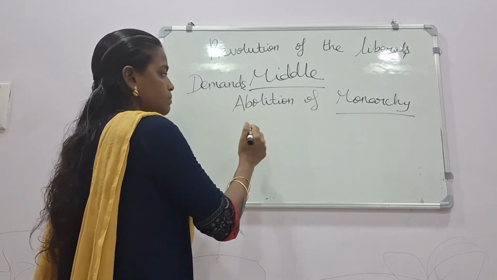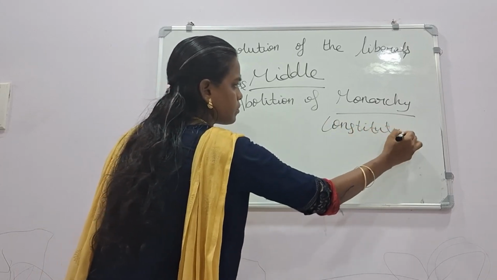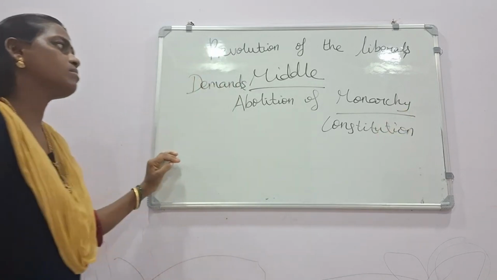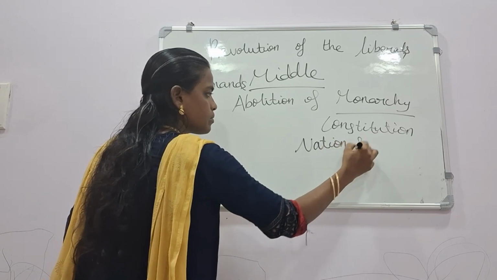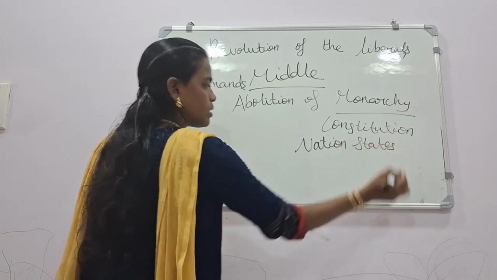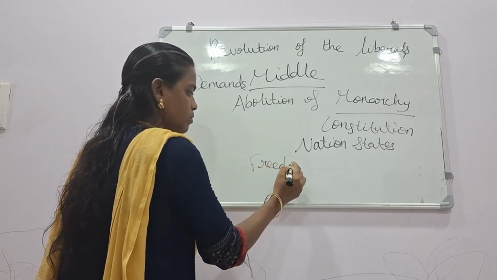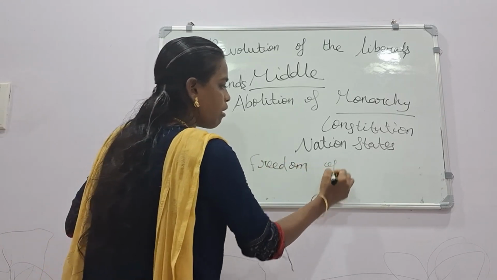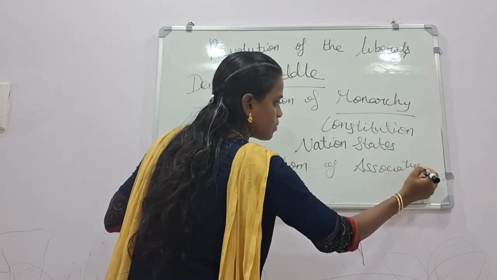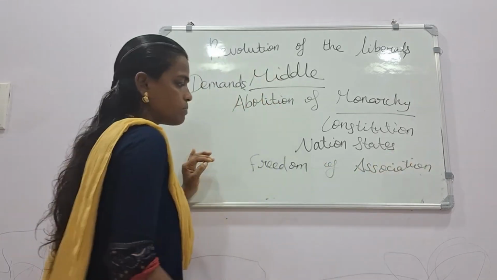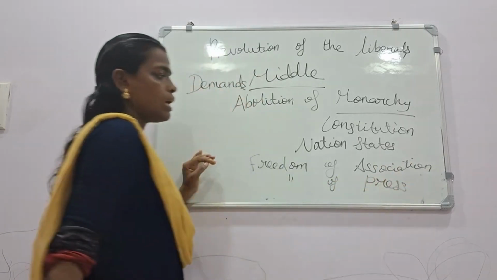And the second thing, they demanded a constitution, and nation states, freedom of association, freedom of press.